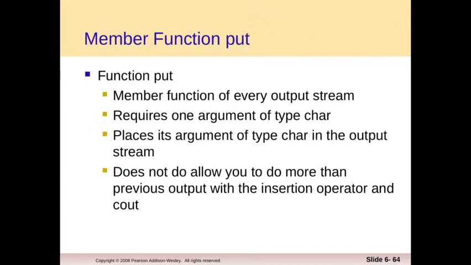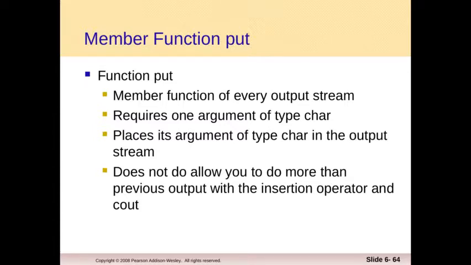Now, the put member function is, so to speak, a dual, a complement to the get member function. It is a member function that every output stream provides, and it allows us to output a single character to the output stream. But it doesn't really allow us to do anything new. Everything that we are able to do with the put member function, we're also able to do with the insertion operator.